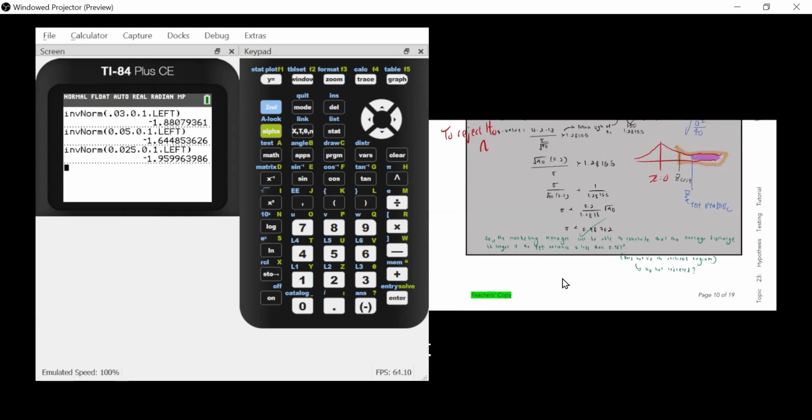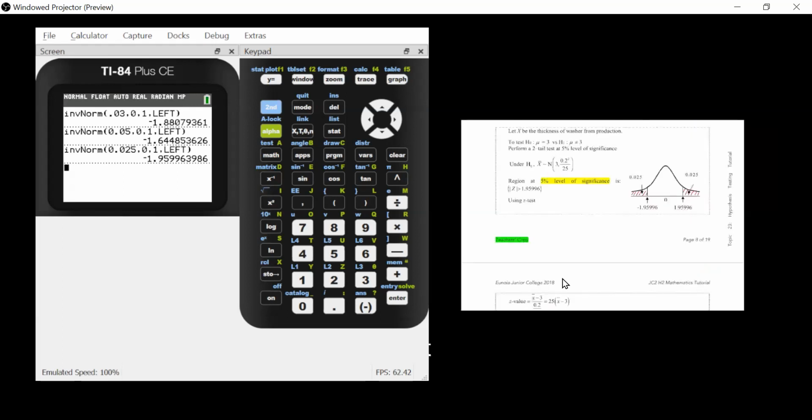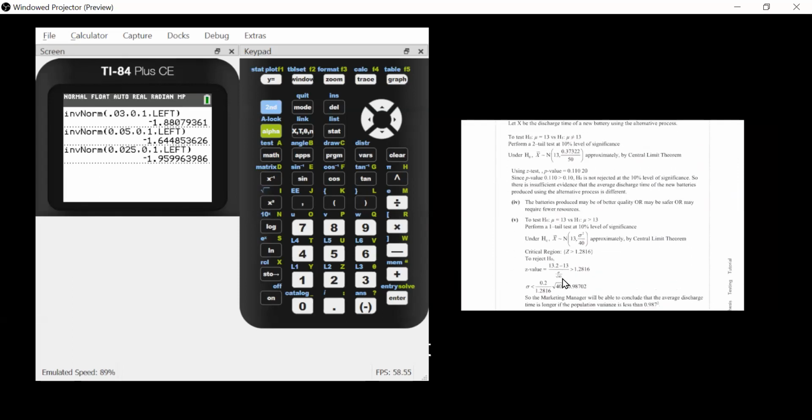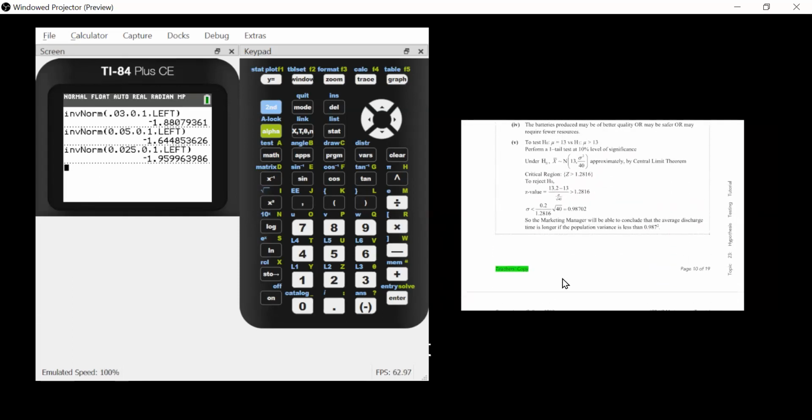But why does the answer talk about population variance? That's related to Z value. No. That's just the sigma. That's just the English word for sigma.